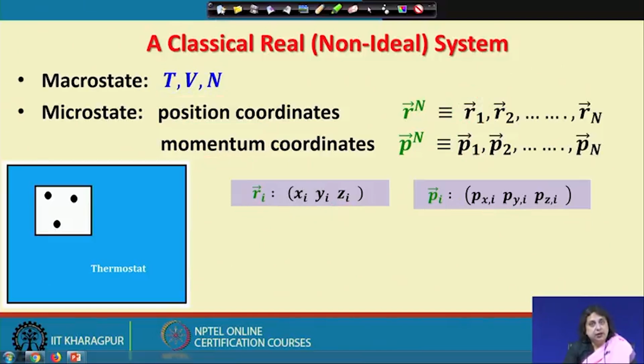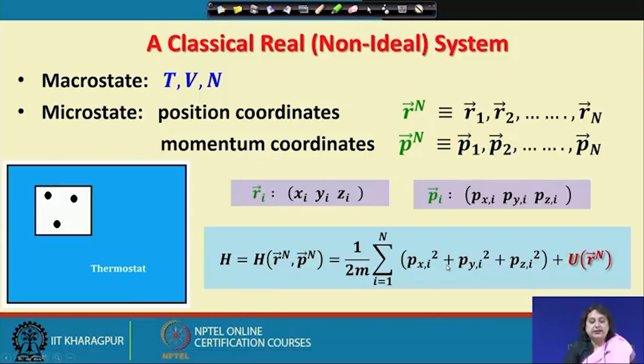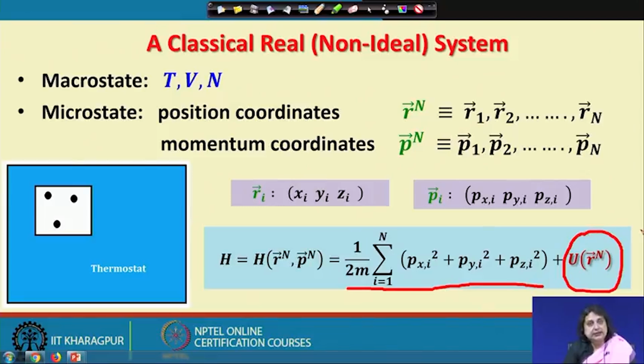Now, if I write down the Hamiltonian of this system, as before I have the kinetic energy terms for the total capital N particles, but now I have an additional term U, the potential energy that contains information regarding the interaction between all the capital N particles present in the system.